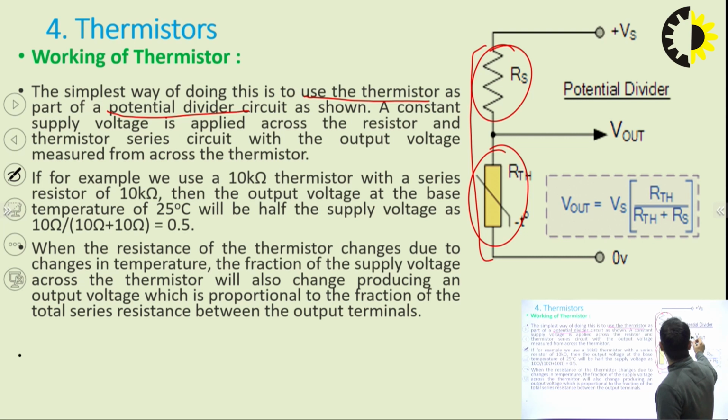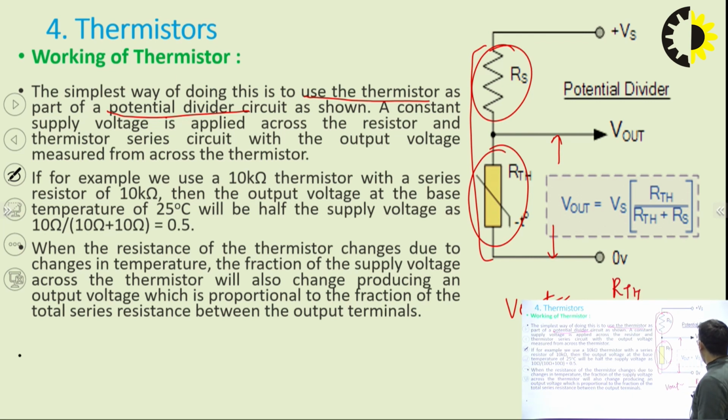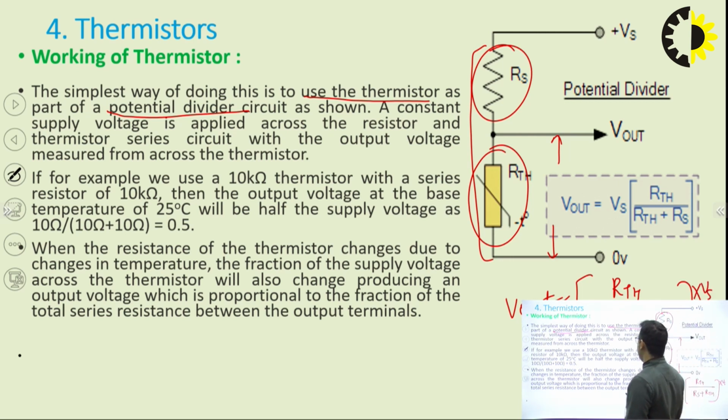So here we want to measure voltage across this part because this is the thermistor resistance. So Vout, if we apply the potential divider formula, is RTH over RS plus RTH into the total applied voltage, that is Vs.